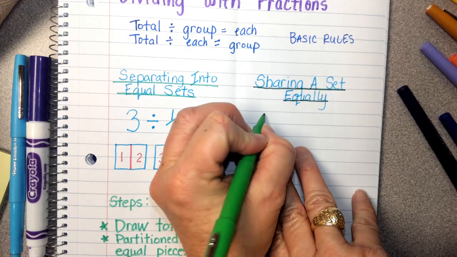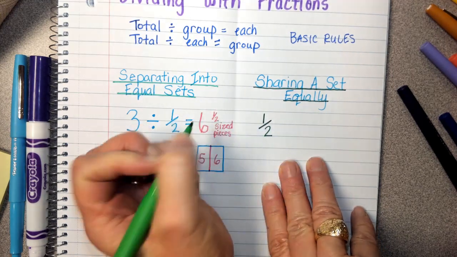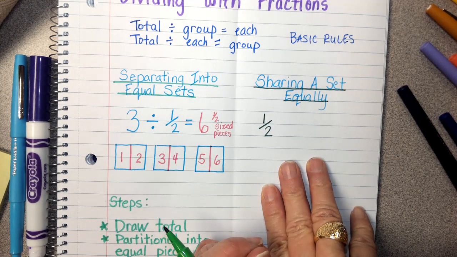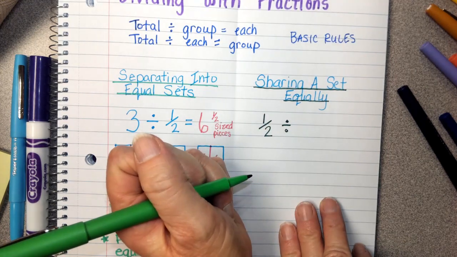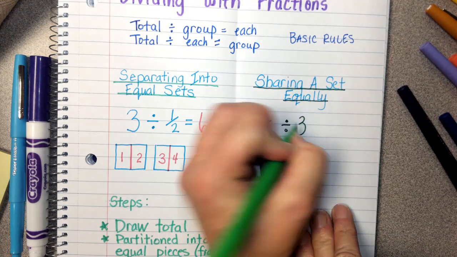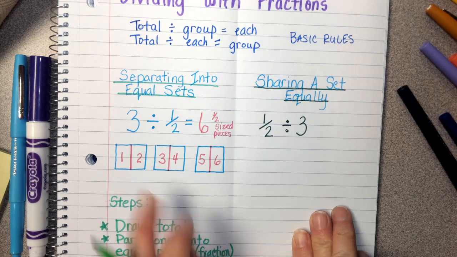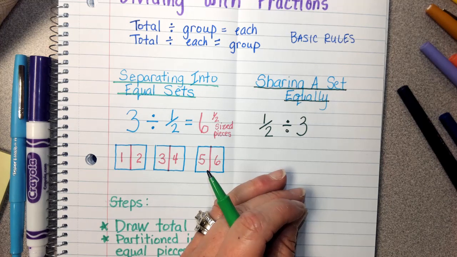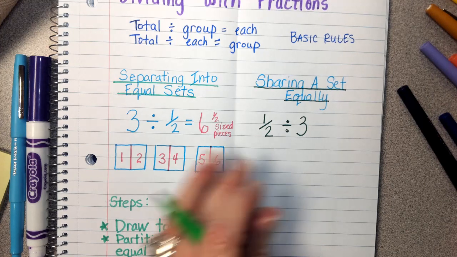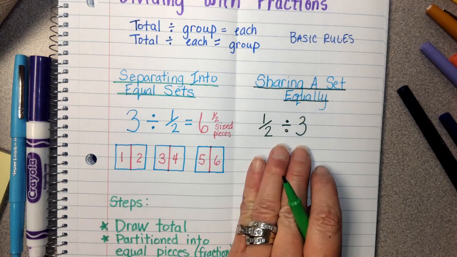Well, I started with 1/2 foot. And I was going to divide that 1/2 foot into 3 equal pieces. So I've got the same numbers here, but it means something totally different now. Because I don't have 3 feet, I only have 1/2 of a foot.